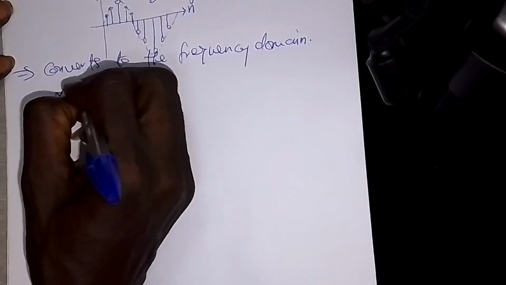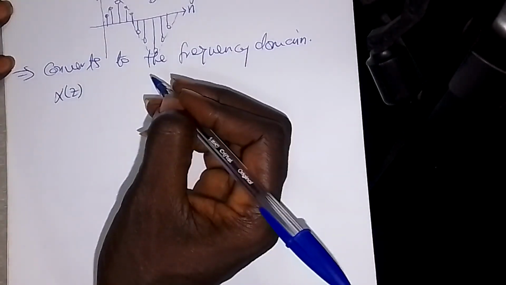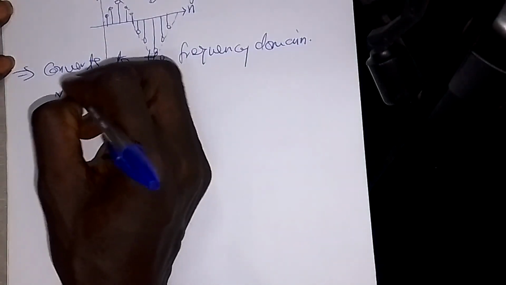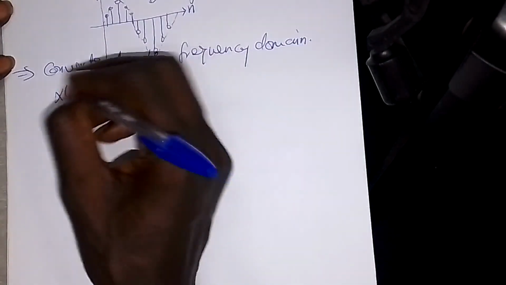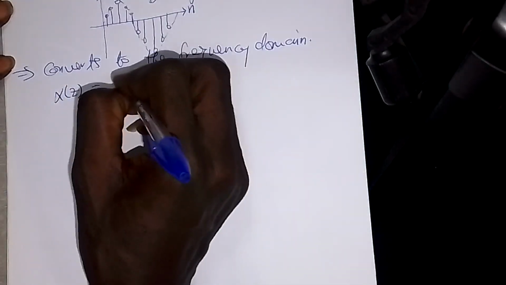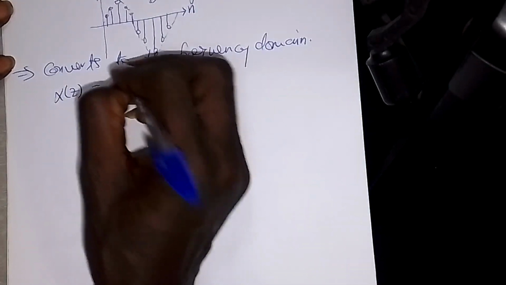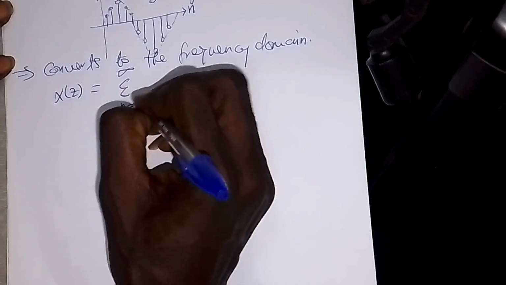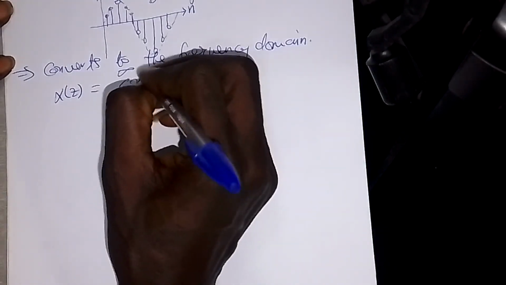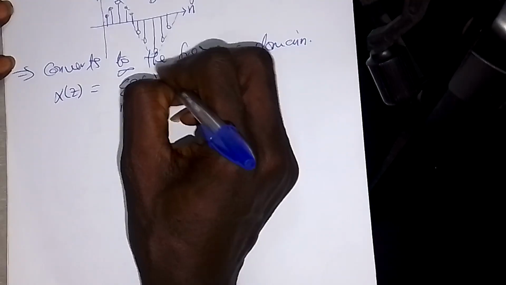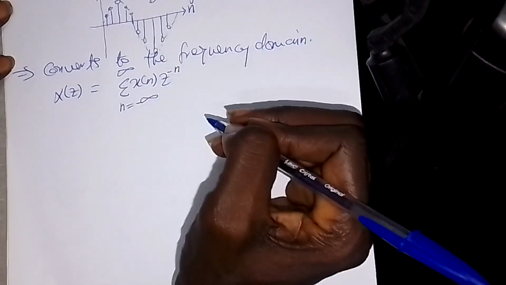X of z, which is the Z transform of x, is equal to the summation, n equals minus infinity to infinity, of x of n times z to the minus n.